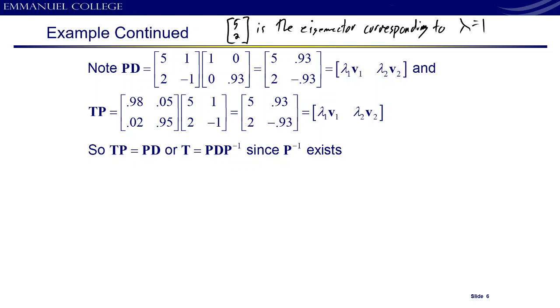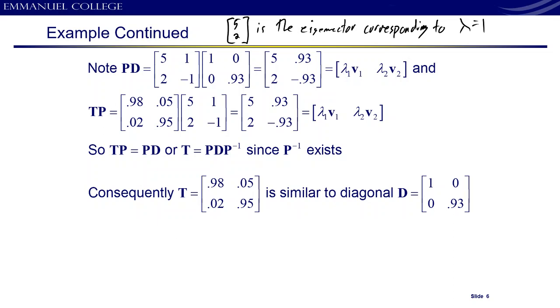So you're not going to run into a case where you find your eigenvectors and your eigenvalues, and then all of a sudden you've broken this rule and you can't do anything with it because you say, oh, I can't find P inverse. These are always going to work. You're always going to have P inverse.